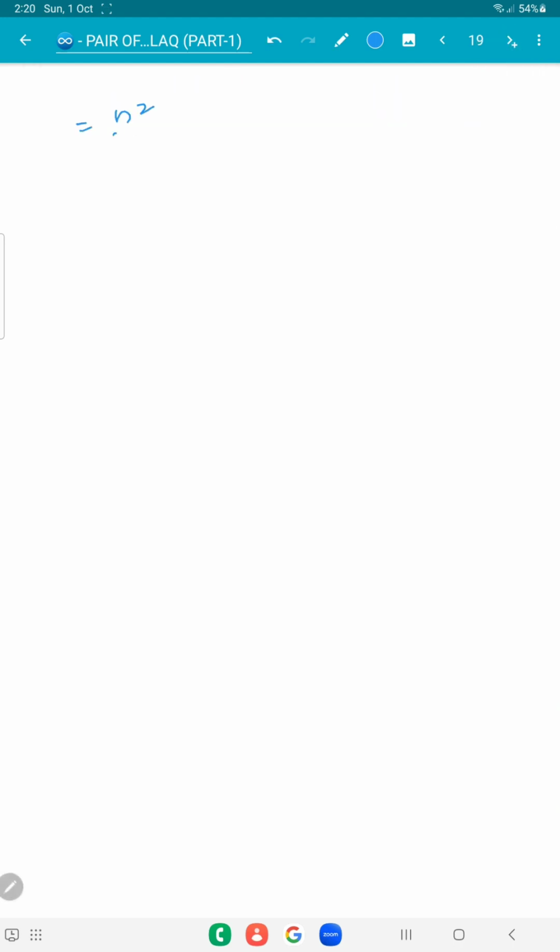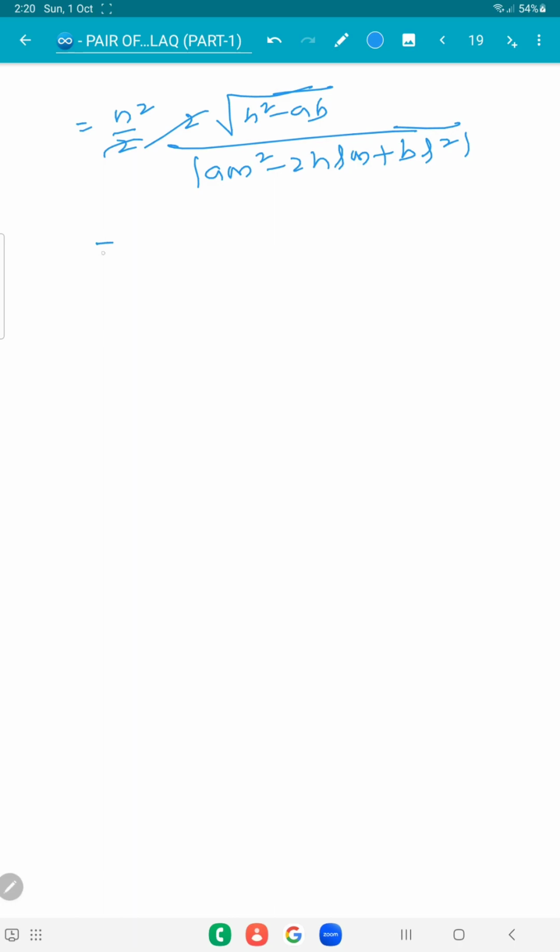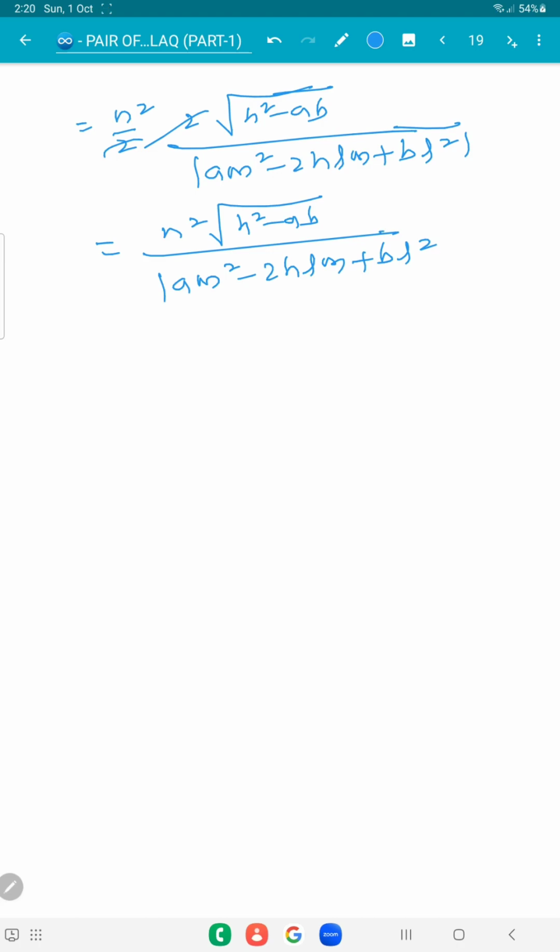So this is equal to n square by 2 into root of h square minus ab by am square minus 2hlm plus bl square. 2 cancel. N square into root of h square minus ab by am square minus 2hlm plus bl square square units. This is the area of the triangle.